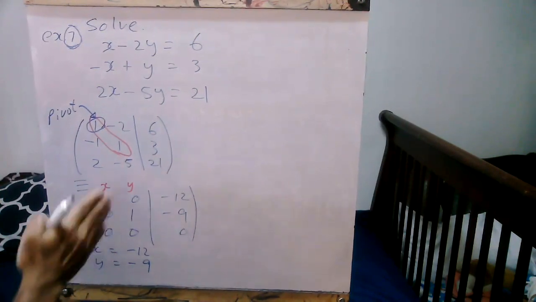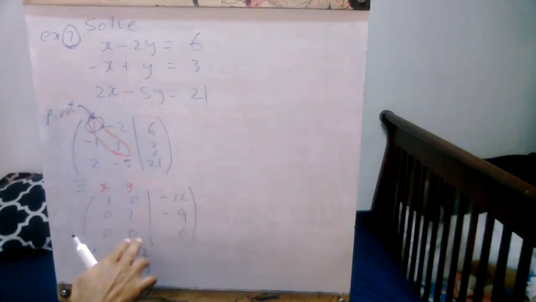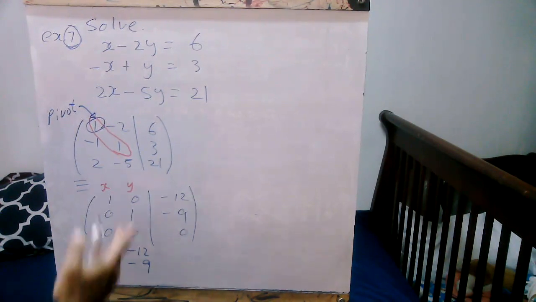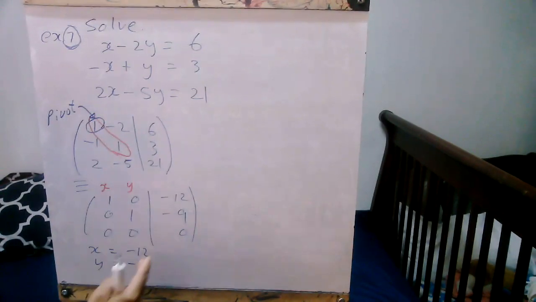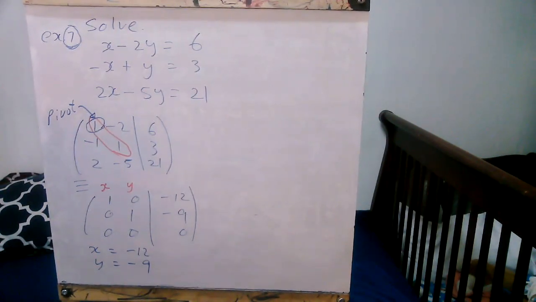This is the answer, but what about this third row? Before, we assigned a constant to a free variable, like if we had z, we said it is k, but in this case there is no third variable, therefore nothing is there. This is the final answer.